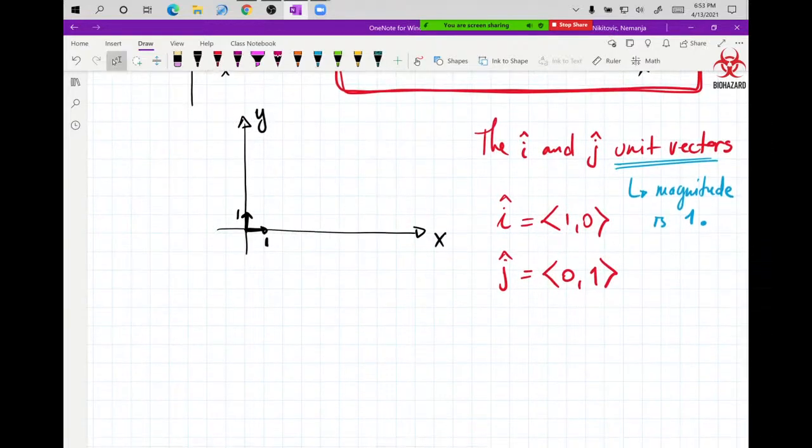So now let's take a look at why these little guys are important. If I have a vector which is, let's say, right here, and I want to know what that vector is, I'm going to line up all of these little guys.